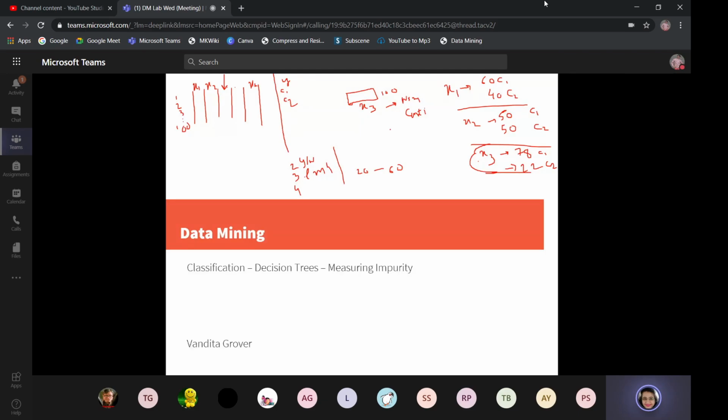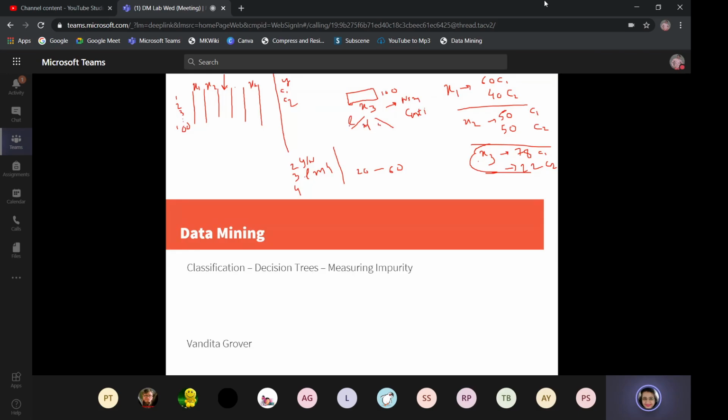Once we have decided the split, let's say we have decided about 3 paths to go from here. Now at this level, you still have 100 records, but now those 100 records will be divided based on the split. For example, low, medium, high.